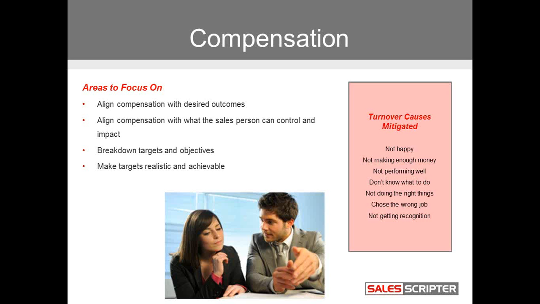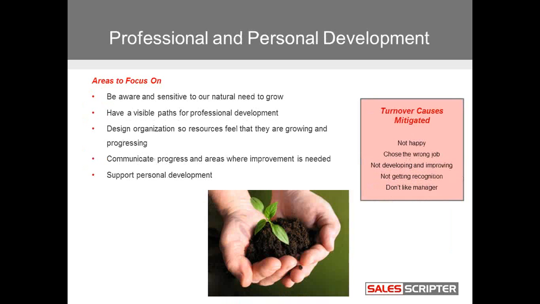So just really having realistic and achievable targets can really help from a turnover standpoint. And all of that can really help with your reps being happier, making more money, performing better, knowing what to do, doing the right things, feeling like they're in the right job. When they're getting paid, they feel like they're getting the recognition that they deserve.